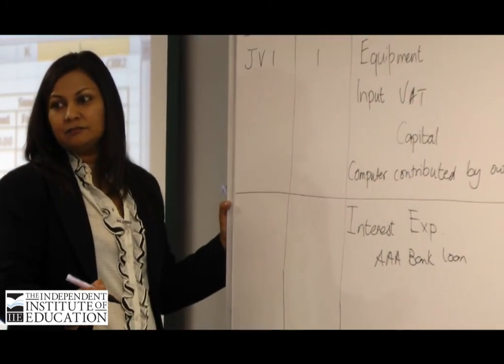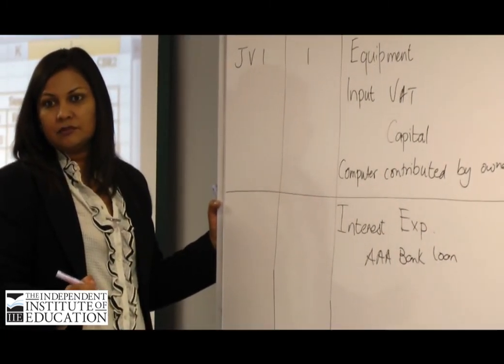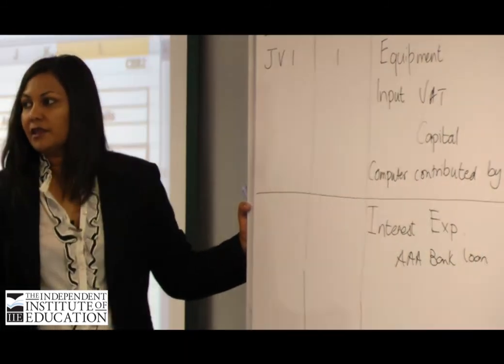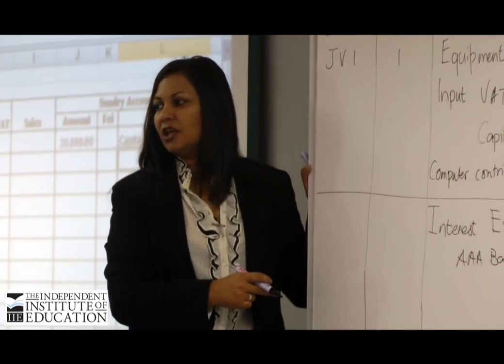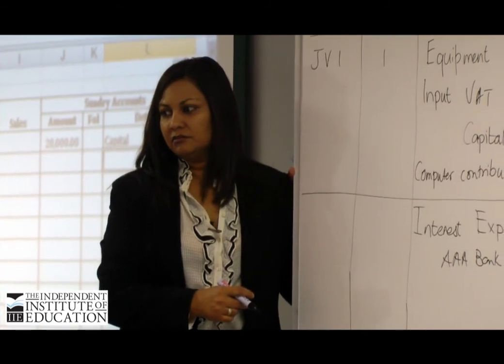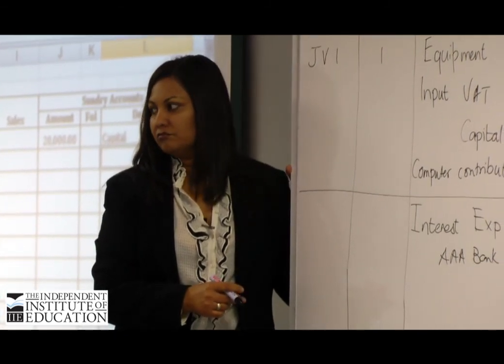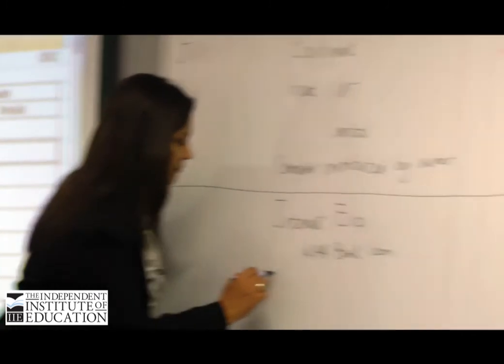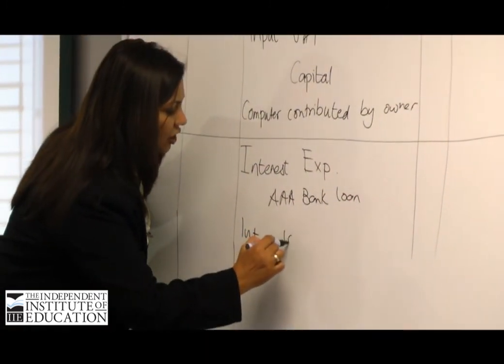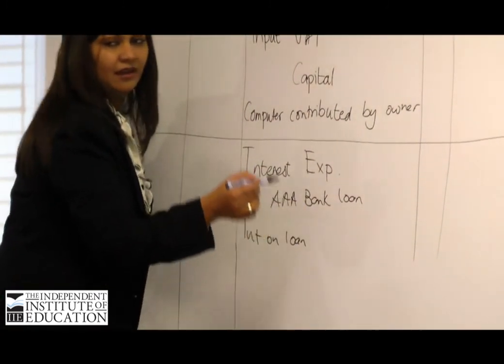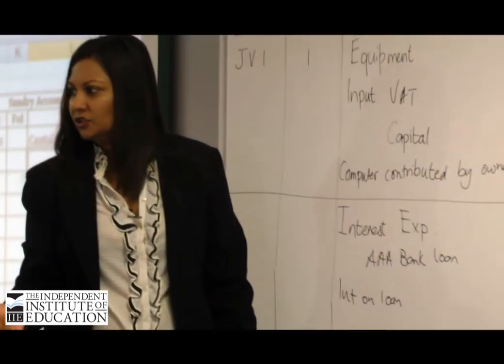Do you all understand that? Any questions? Okay, what's the story? Interest on loan, we can say from AAA Bank at 15% per annum if you want to.